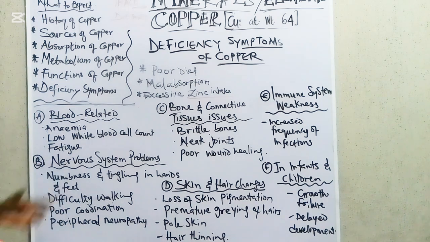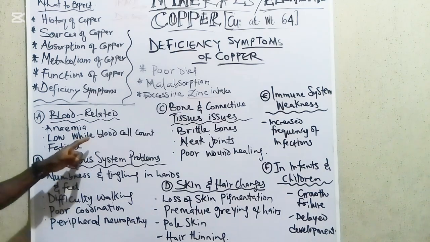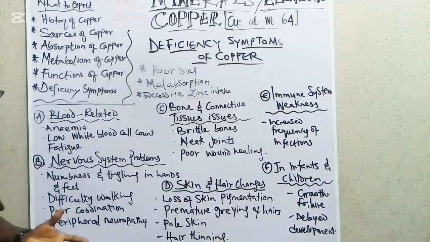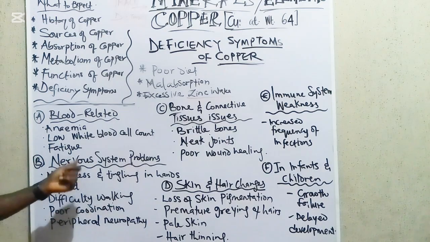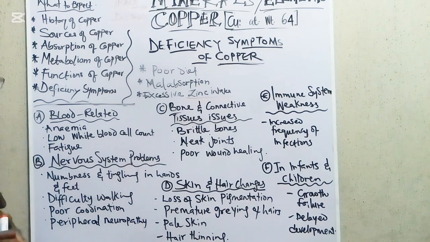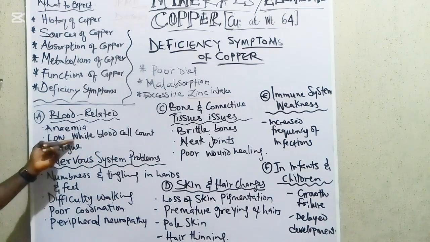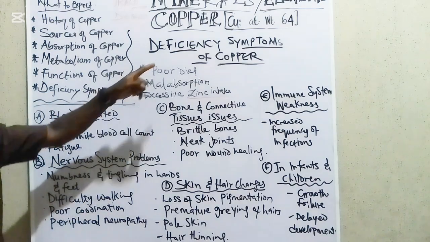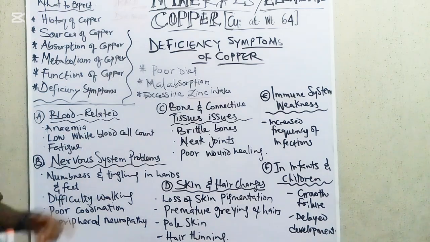Then also there's a low white blood cell count. White blood cells help in defending the body. Red blood cells are responsible for the red color of the blood and the transporting of oxygen, you know the functions. When there's deficiency of copper, it also affects white blood cells.